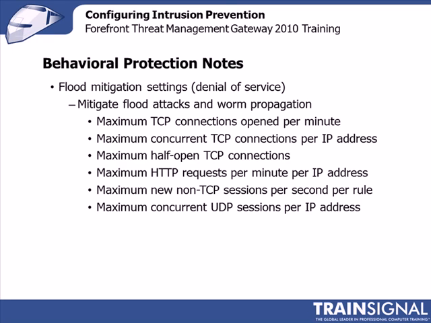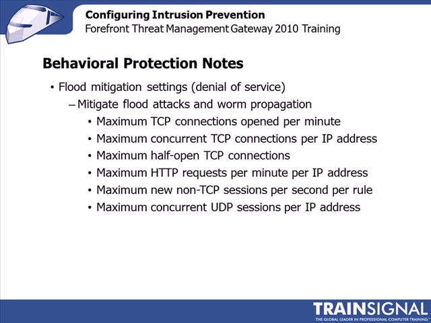You can also limit the maximum concurrent TCP connections per IP address. So if some IP address is trying to open tens of thousands of TCP connections, that could lead to overflow issues, so you can mitigate that behavior. And the same goes for the maximum number of half-open TCP connections. Likewise, HTTP requests per minute per IP address can be capped or managed to help prevent those kinds of attacks.